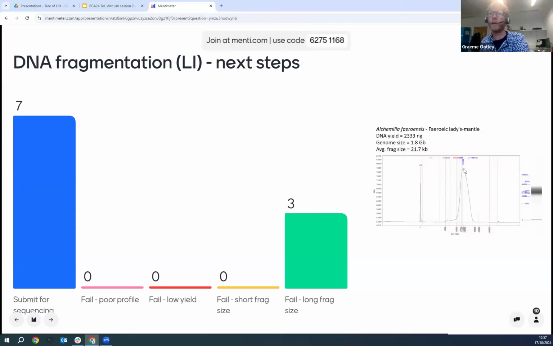There's still a good amount of DNA that falls within that 12 to 20 kb range, so that'll be sequenced. Even if the longer stuff doesn't get sequenced, there's enough DNA in there for the shorter stuff to be sequenced first before the longer stuff.